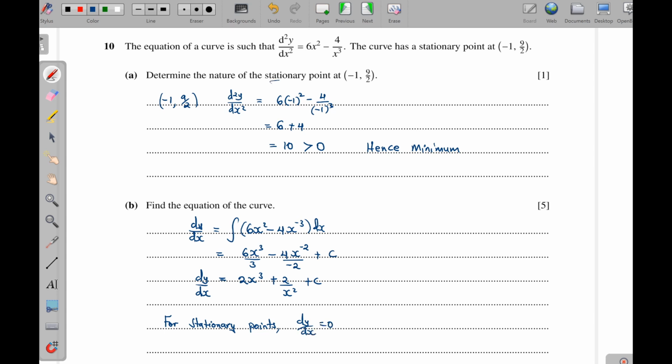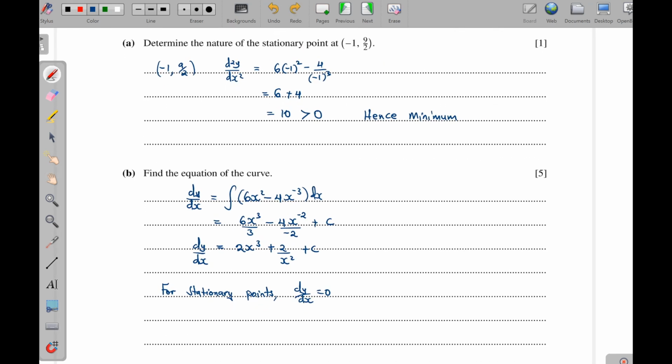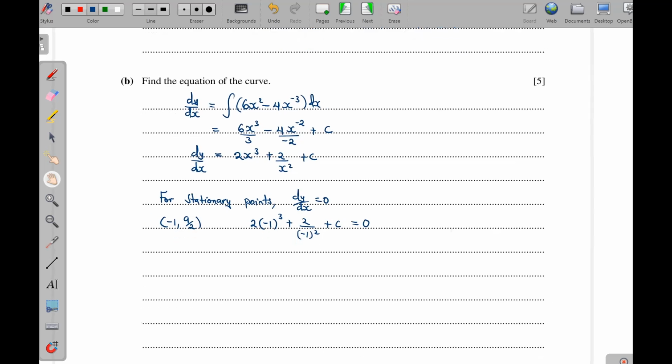So this is the stationary point given. So that means when I get the x coordinate, this one here, negative 1, I substitute in the dy dx, I should get a 0. So we shall have 2 into negative 1 cubed, then plus 2 out of negative 1 squared, plus the c here should give us a 0. So this helps me to find the value of c.